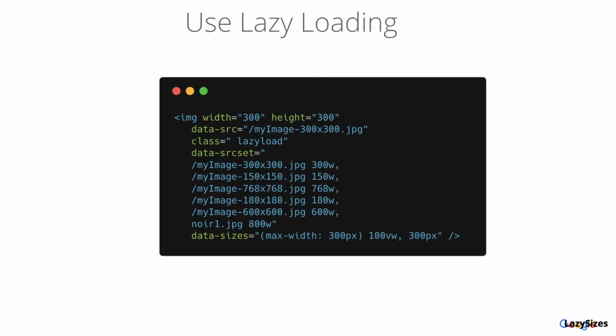And here I added the class lazyload. There are obviously tons of different options, but I encourage you to have a look at the documentation. This library works great. I think it's even optimized for Internet Explorer 6 or 7. So if you have to support this, first of all, I'm sorry for you, but please know that you can use lazysizes to do that.